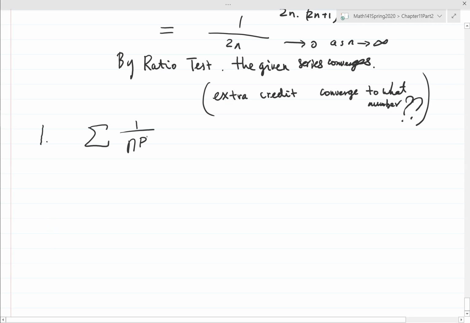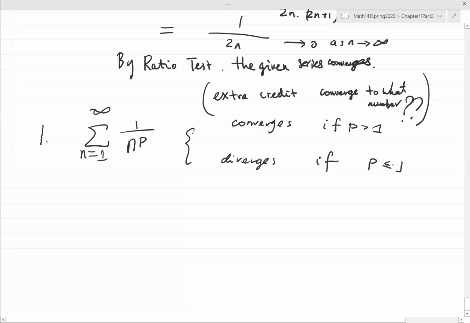If the numerator and denominator are polynomials in n, then we usually use the p-test. The p-test says the series converges if p is greater than 1, and diverges if p is less than or equal to 1 and greater than 0. So this is the p-test.